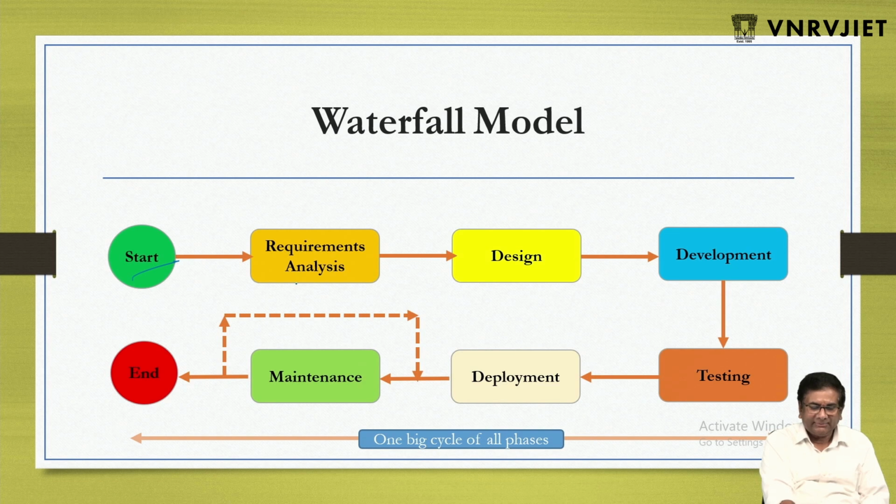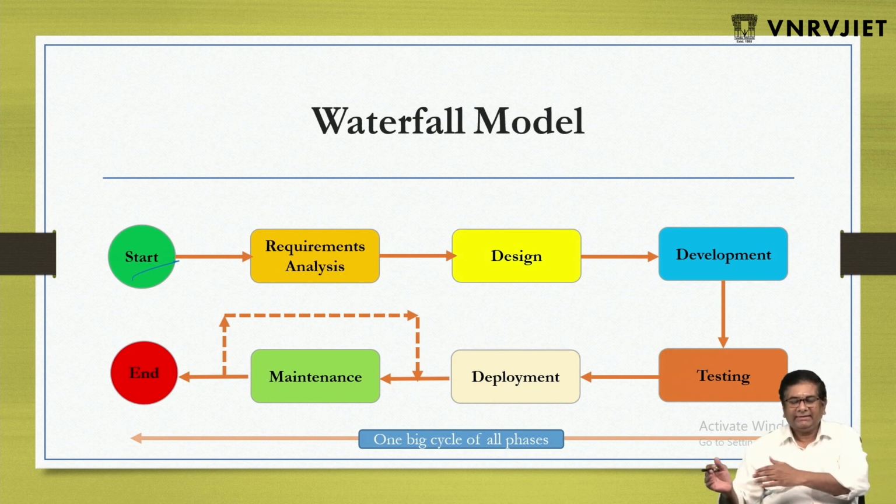Analyst then takes that problem statement, analyzes that, talks to several business stakeholders as well as users as well as other stakeholders, and prepares a document called SRS, which is nothing but software requirement specification document. Once the analyst confirms all the requirements and prepares this SRS document, he gets it signed by the business people who wants the software to be developed, and then takes it to the design team.